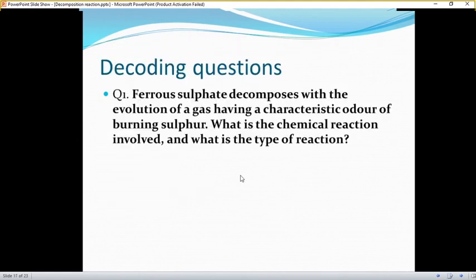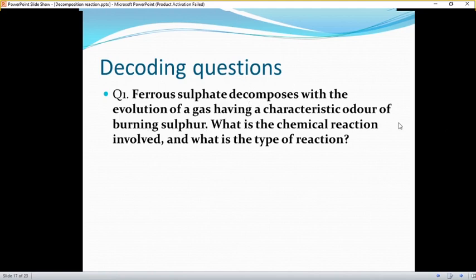Let's decode certain questions based on our understanding so far. Let's look at this question. Ferrous sulfate decomposes with the evolution of a gas having a characteristic odor of burning sulphur. What is the chemical reaction involved and what is the type of reaction? Now, since we all know that it is a decomposition reaction, which type of decomposition reaction is it? Since it requires heat, it is a thermal decomposition reaction.